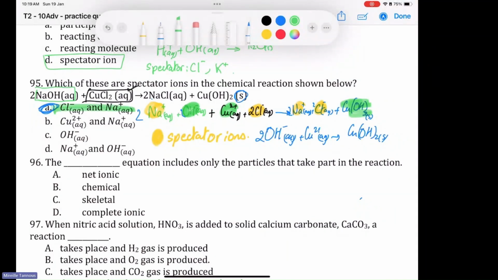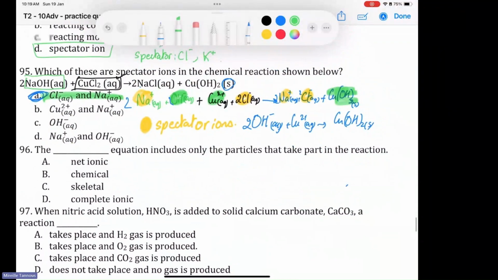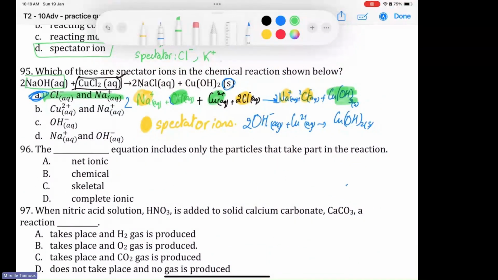Are there questions? I hope that this part is clear because it's not easy. Now, the net ionic equation includes only the particles that take part in the reaction.